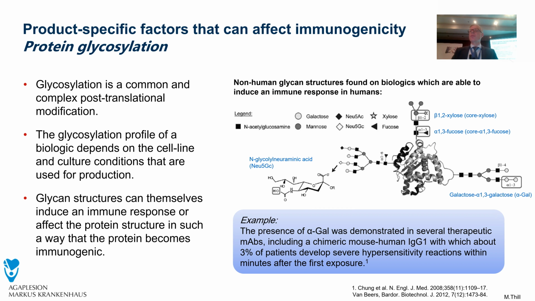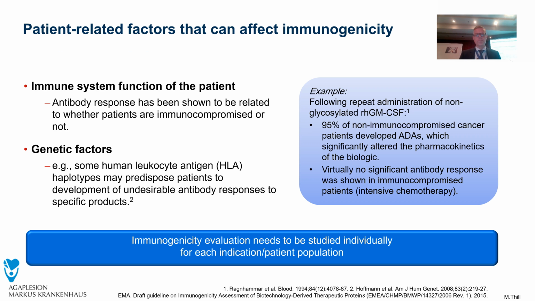Product-specific factors can affect immunogenicity, and protein glycosylation was mentioned before. Yes, it is valuable if you have mannose or fucose or different other glycans implemented in the biochemical structure. And if you have, let's say, a bit more fucose, then maybe it will affect the binding affinity of your product.